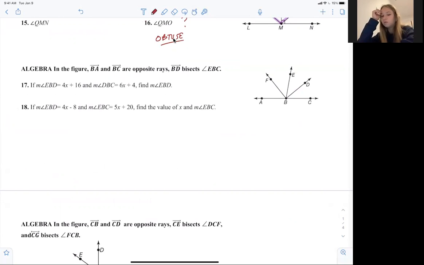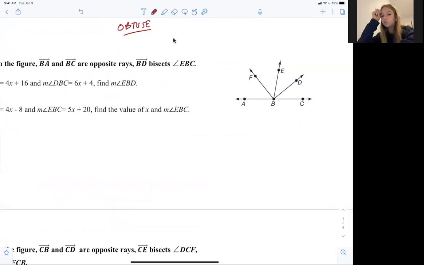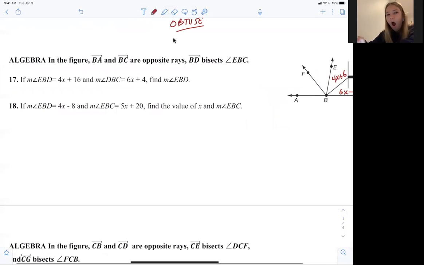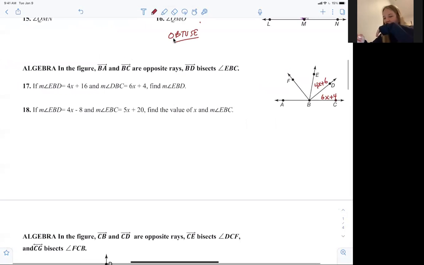Now, EBD. So in my opinion, we should locate EBD and write 4x plus 6. And DBC is 6x plus 4. We got a new word.